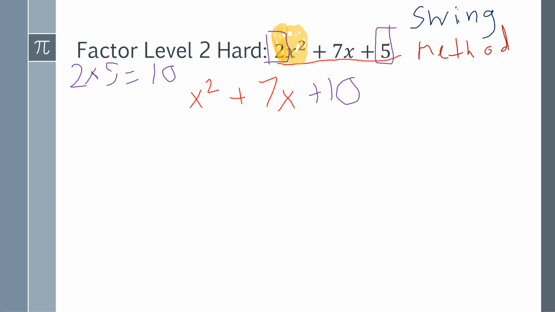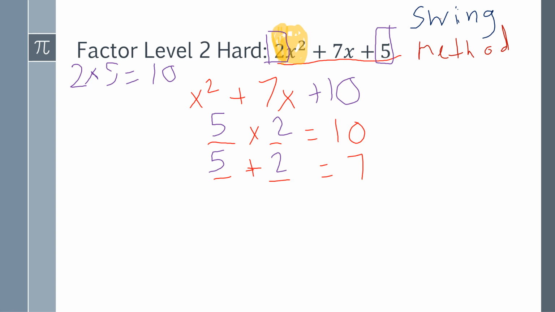So again, with two numbers, multiply together gives you 10. And with the other two numbers, the same two numbers when you add, gives you 7. So 5 times 2 does give me 10, and 5 plus 2 gives me 7.